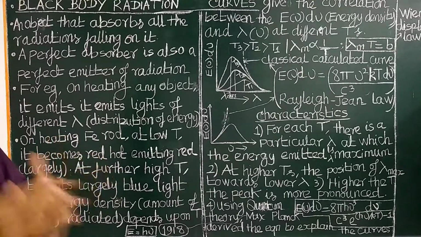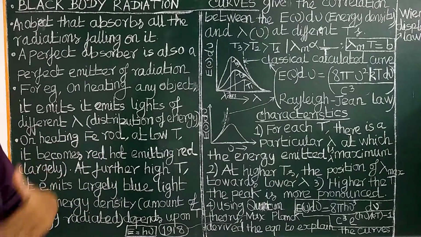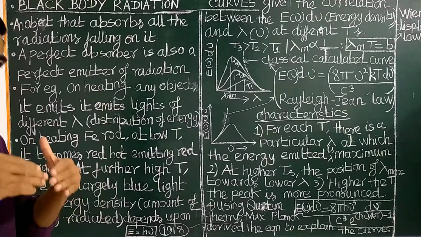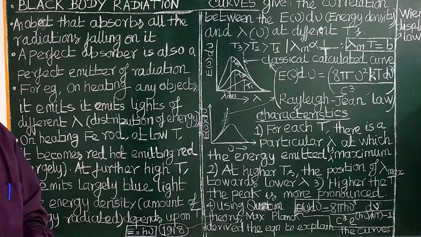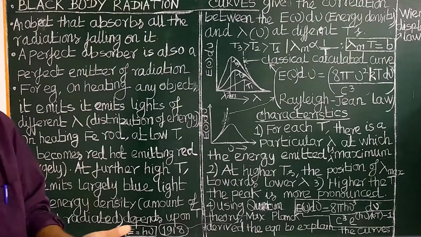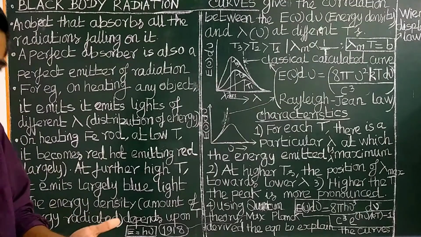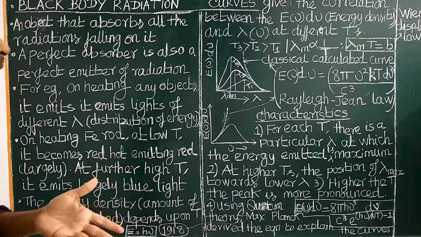The body absorbs energy and the electrons jump from a lower level to a higher level, and when the electrons come back to the ground state or first excited state, they emit radiation. That is called black body radiation.